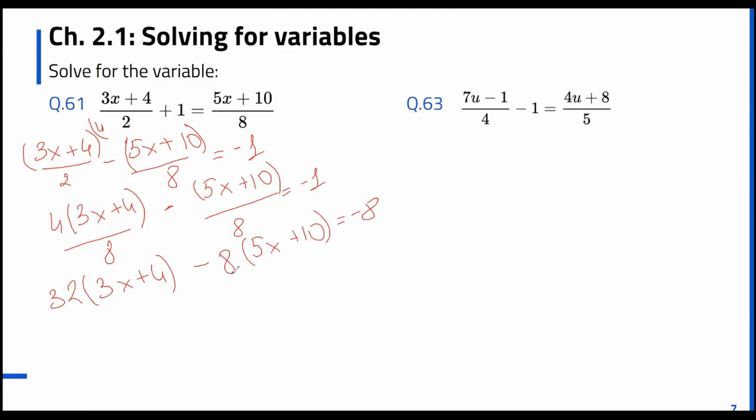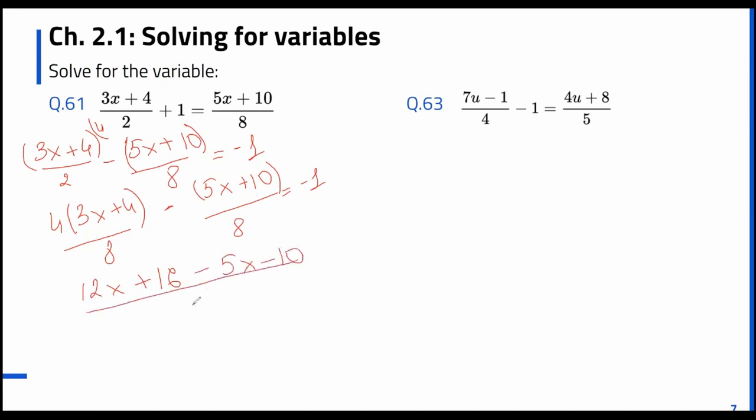Actually, I just thought that we should firstly make it simpler and then get rid of 8. So let it be like this. Plus 16, we open the brackets, minus 5x minus 10 divided by 8 equals minus 1, because we don't want to multiply by 32 and these huge numbers. It's not efficient.